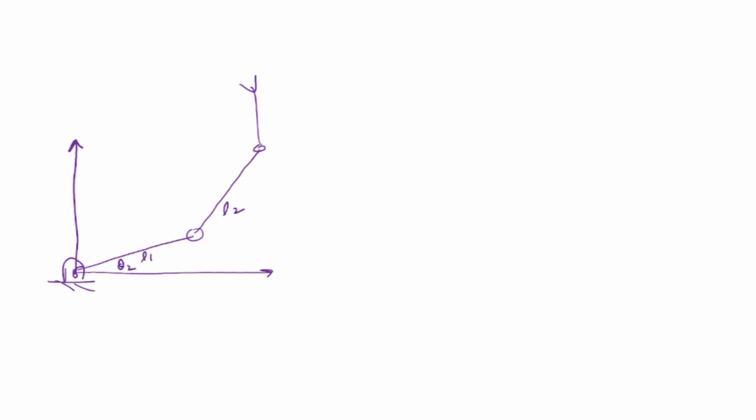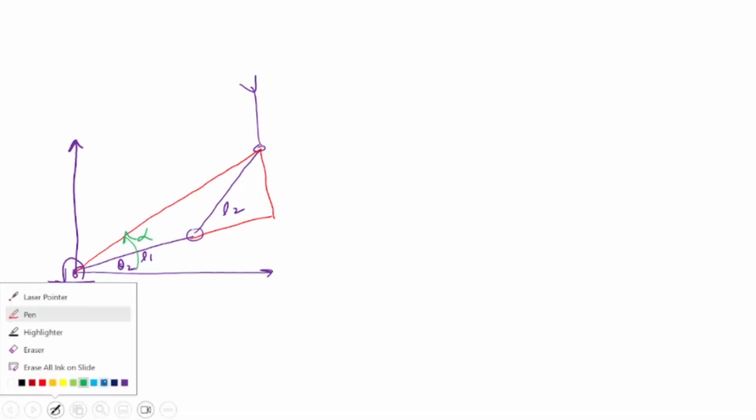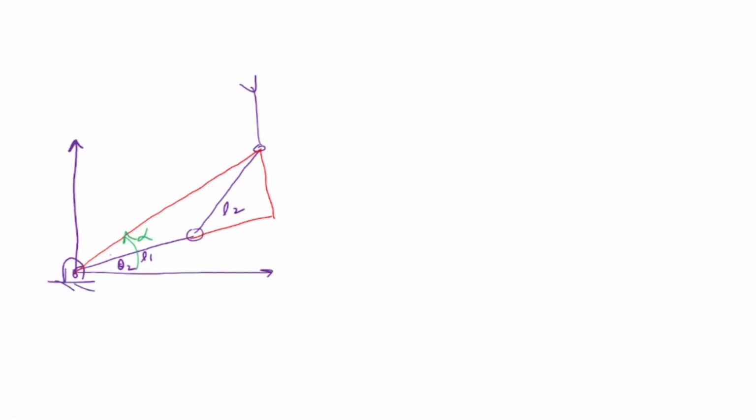So we make this very simple construction, and we say that this angle is alpha and the other angle is beta. So this angle is now my beta. Sorry, I wrote theta 2. This should be theta 1, and that is theta 2.